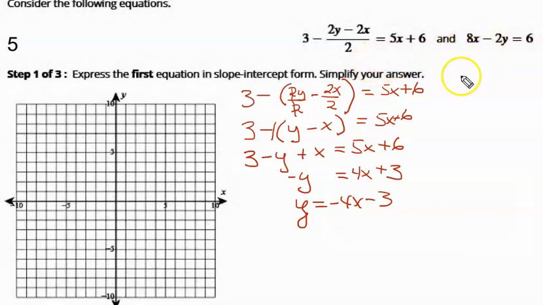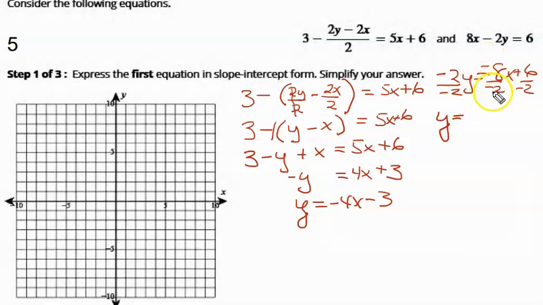Now this one's a little easier. So a -2y, transpose this to the other side is negative 8x. Make sure we see that negative there. Plus 6. Now divide everything by negative 2. I get y.